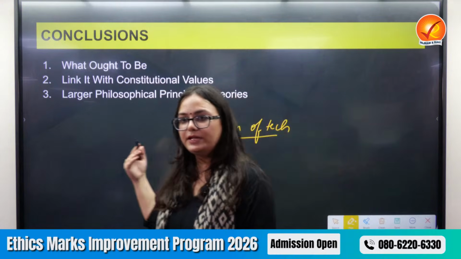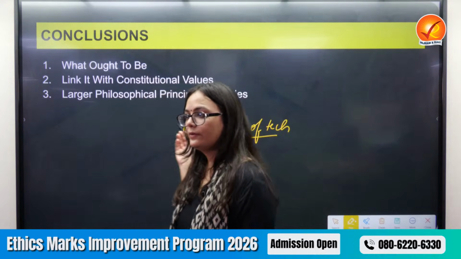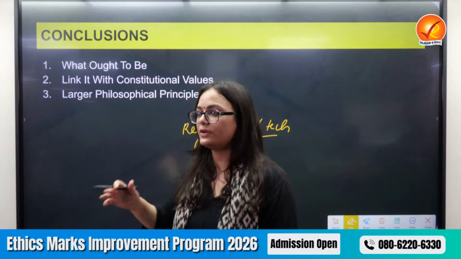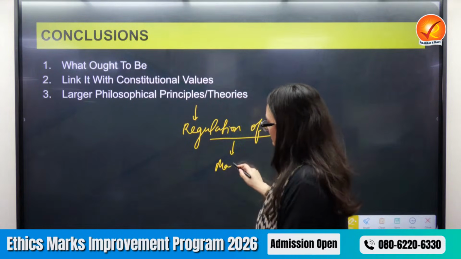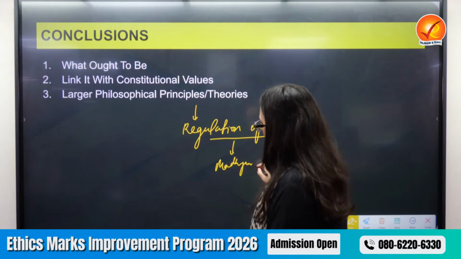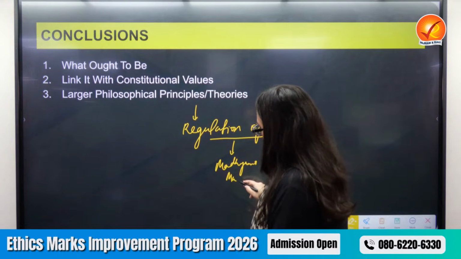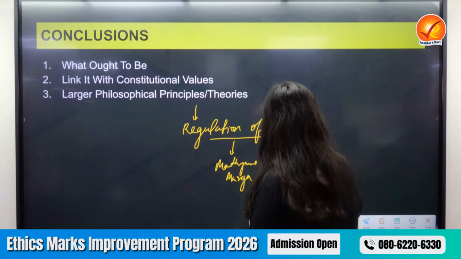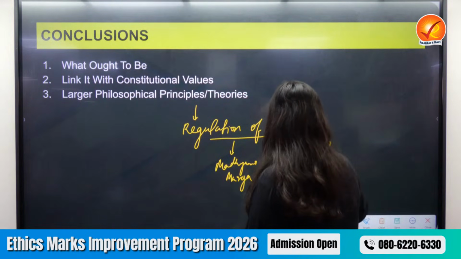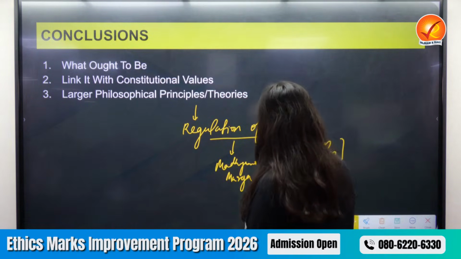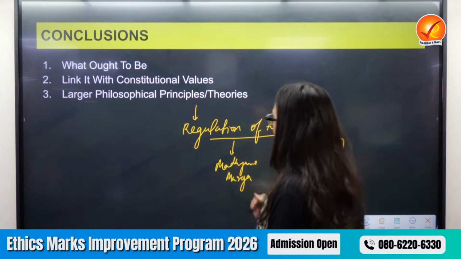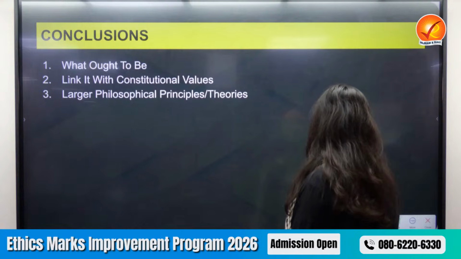Should we completely regulate it, or should we completely leave it on its own, have its own progress, have its own way? So you will suggest a madhyam marga, a golden mean. Just giving you a very general example, right? So these are some of the ways that you can conclude your answers.